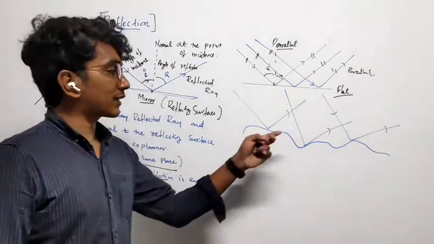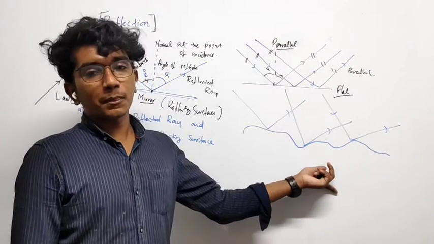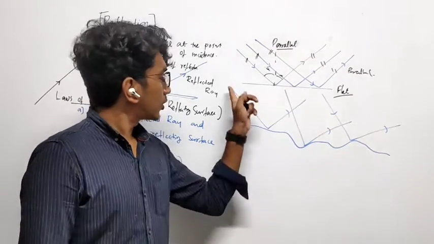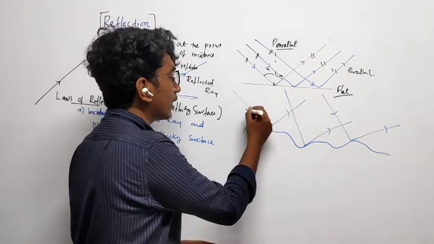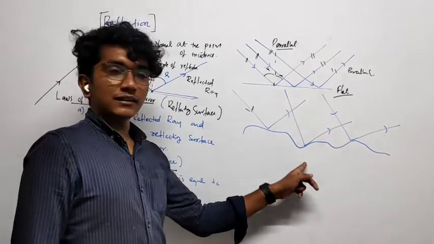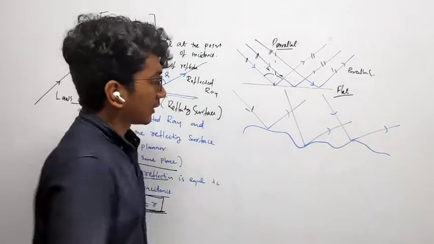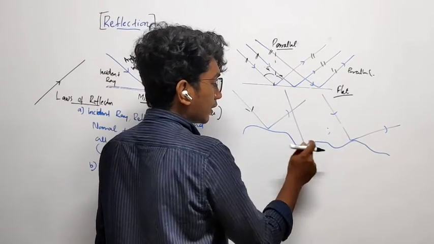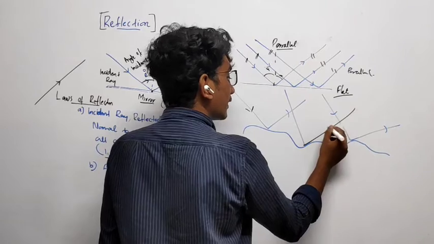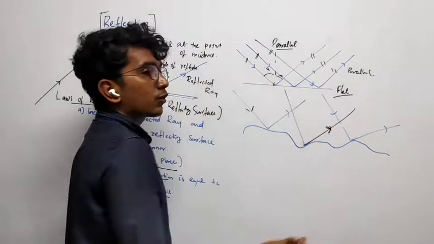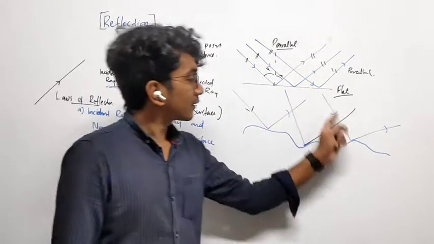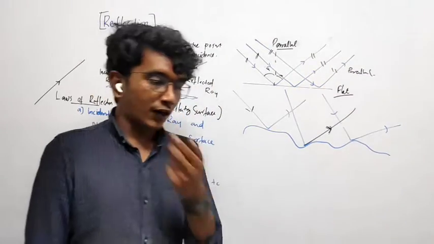When you check the curved surface, you can't see that. Here the incident ray is here and the reflected ray is there. Here the incident ray is in this direction and the reflected ray is in that direction. It's a straight line, not a curved one, but they are not parallel. I think you got it.